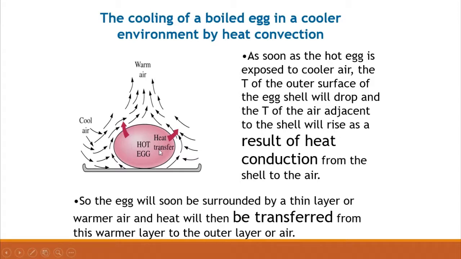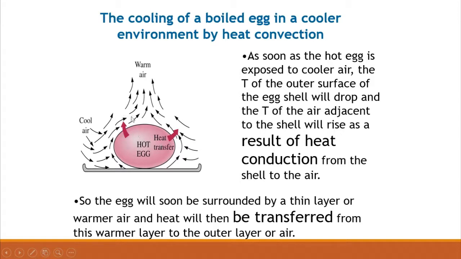We use a chicken egg. So we can see the hot egg begins to cool because there is cool air moving around the hot egg, and the heat in the hot egg begins to go out.